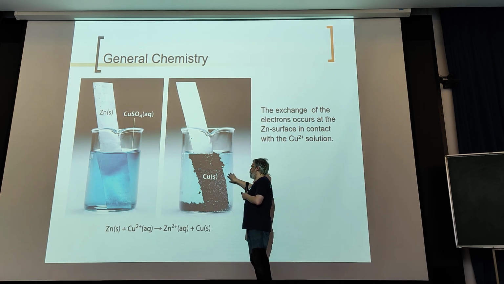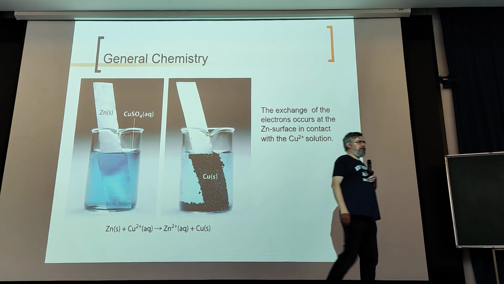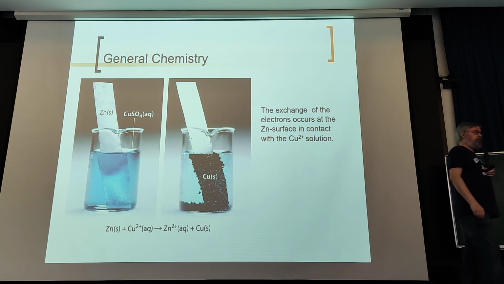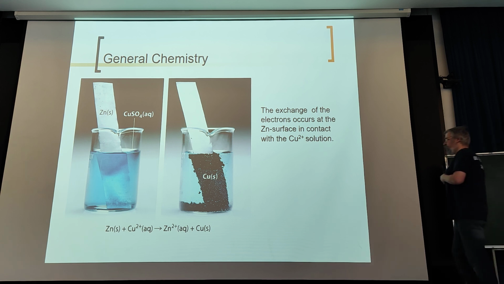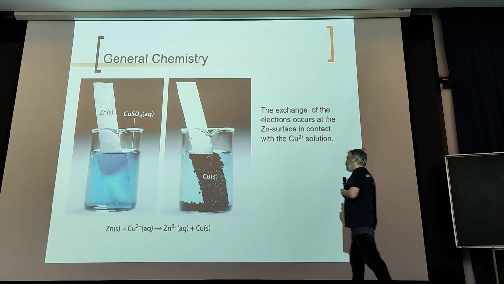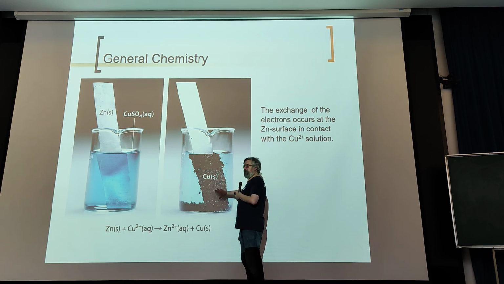As you can see, the solution is a little bit less blue. It's light blue now. That tells us that some, or maybe most, of the copper 2+ has gone. So, what has happened with it? Well, it has been converted to the copper metal, and that's this black stuff.